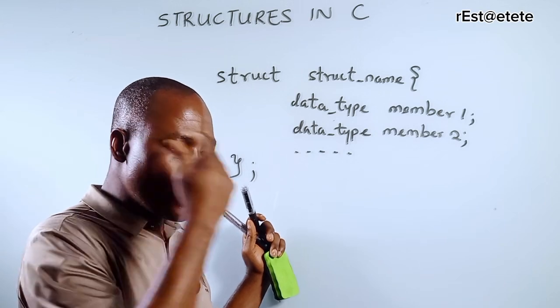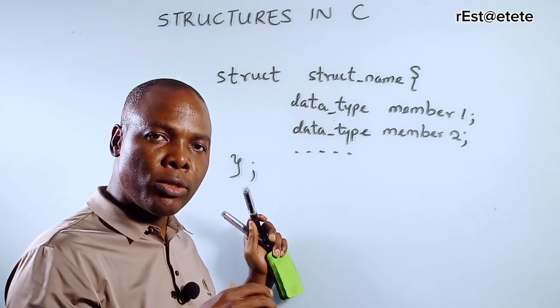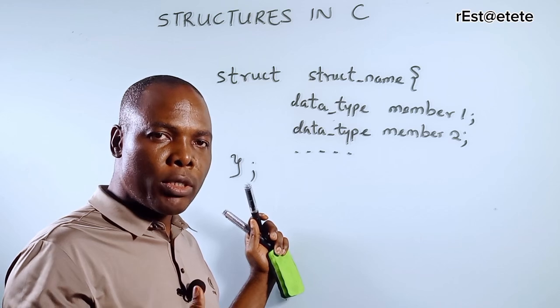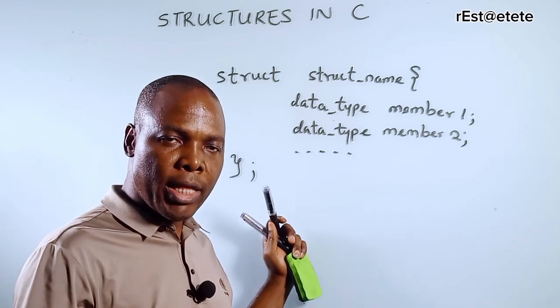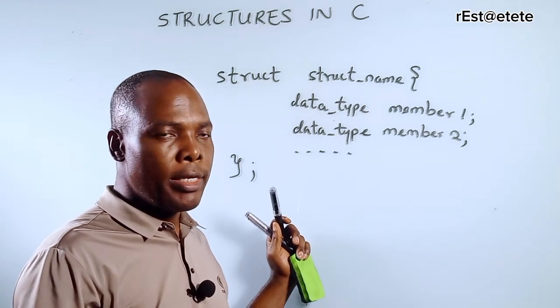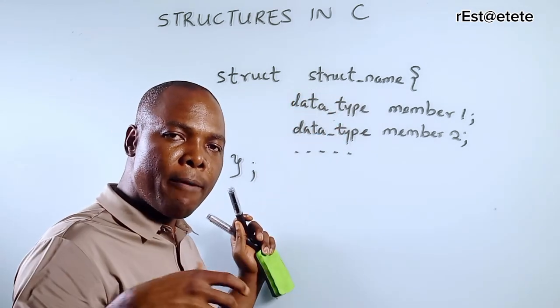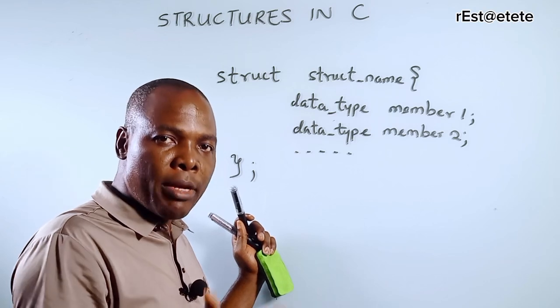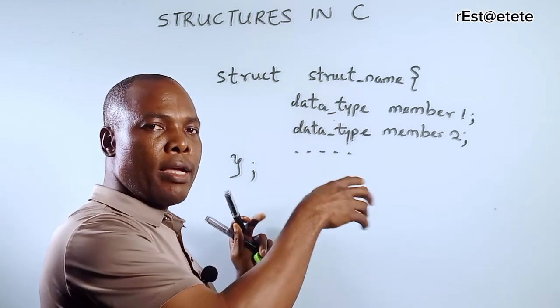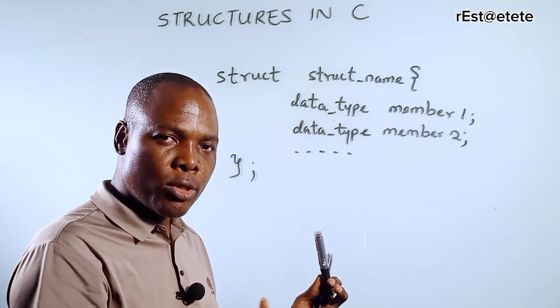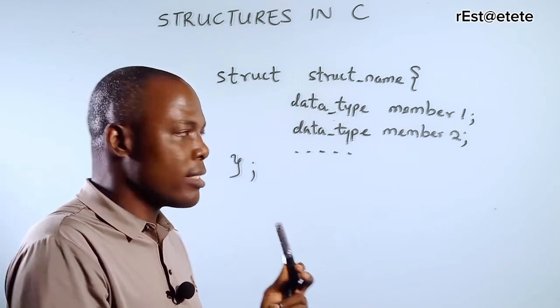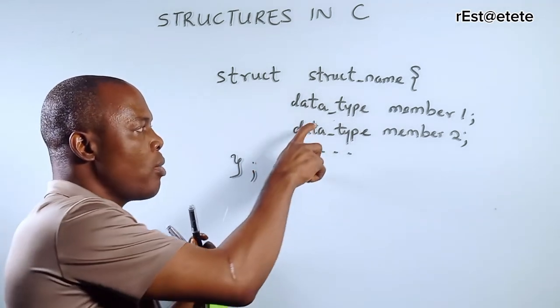And this structure is actually the gateway to object-oriented programming, because what they now do in object-oriented languages like Java and Python is to take this part, then add the function, that is the method that will work on this data, to it and call it a class. So they merge it together and call it a class. So that is actually what this does.